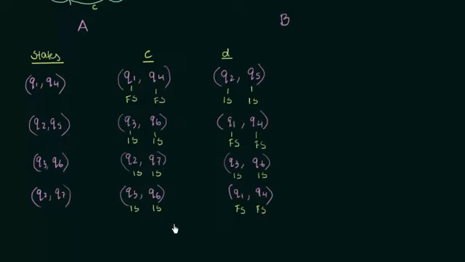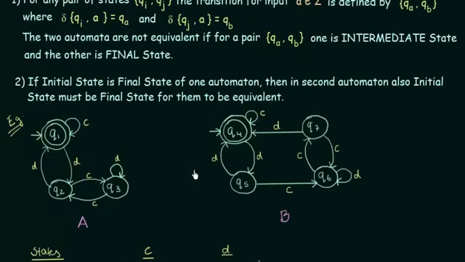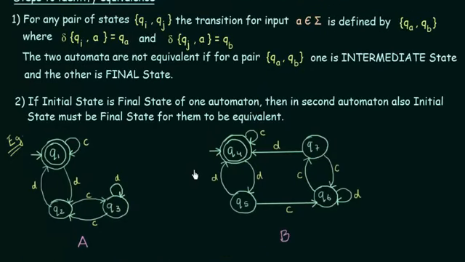If you find that all the pairs are either final state or intermediate state, then we can say that the automata A and B are equivalent. When you are checking, if you find that in any of the pairs one is a final state and another is an intermediate state, then at that moment you can stop the checking and confirm that they are not equivalent. But from this example we found that both these automata are equivalent.